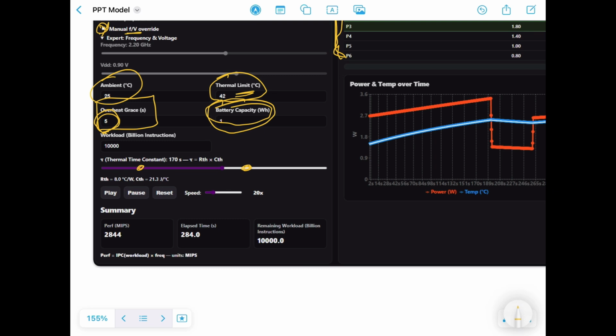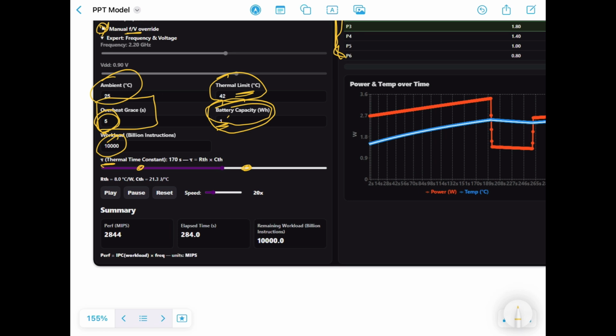And then the total workload is set to 10,000 billion instructions, so basically 10 trillion instructions with this much battery, and we can see how the performance will change based on the rise in temperature. And then the thermal constant, which we just talked about.